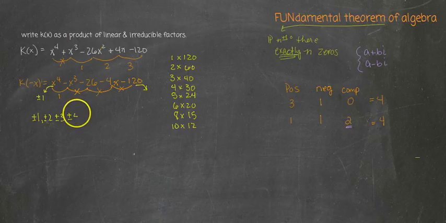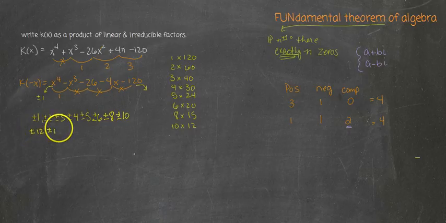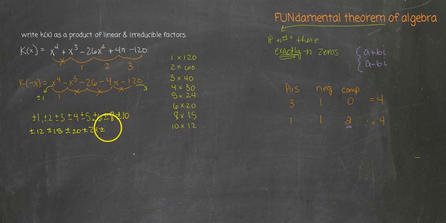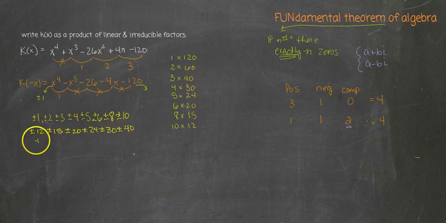Plus or minus 4, plus or minus 5, plus or minus 6, oops, plus or minus 8, plus or minus 10, plus or minus 12, plus or minus 15, plus or minus 20, plus or minus 24, plus or minus 30, plus or minus 40, plus or minus 60, and finally plus or minus 120. I didn't even want to write all those down.